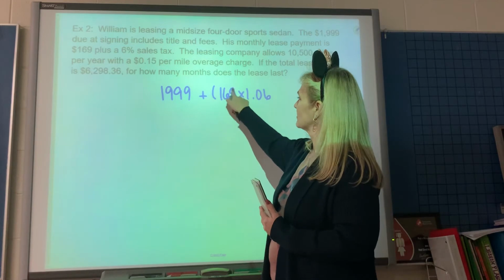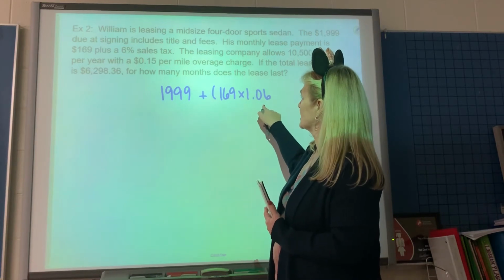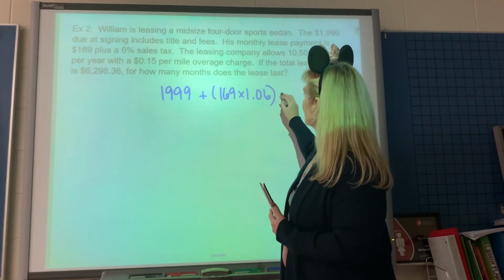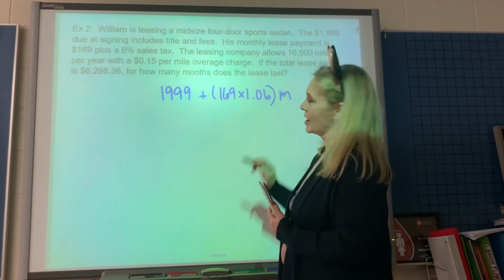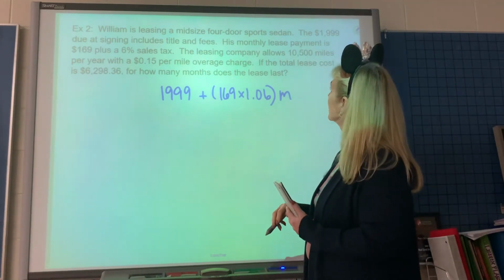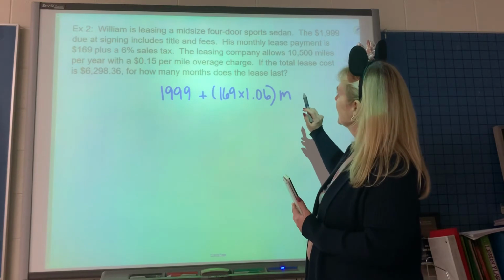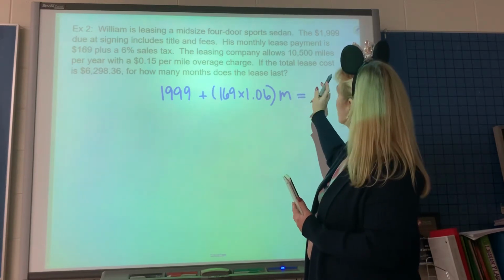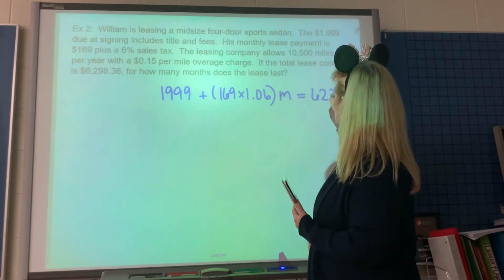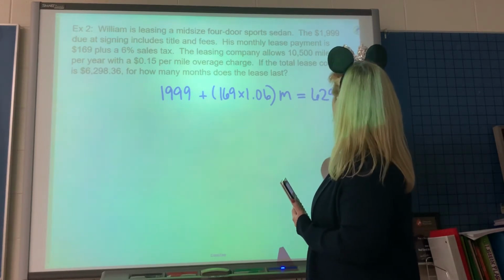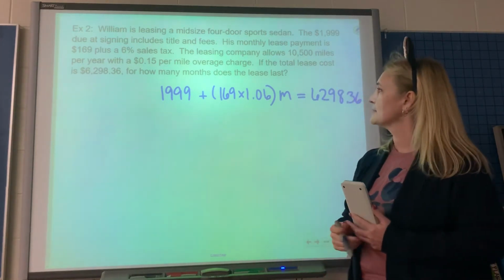That would be the cost of the 169 with an extra 6% sales tax. And it's going to be times M for however many months that he's doing that for. And it totaled up, his total lease cost was $6,298.36. So we've got to find this variable that is missing.